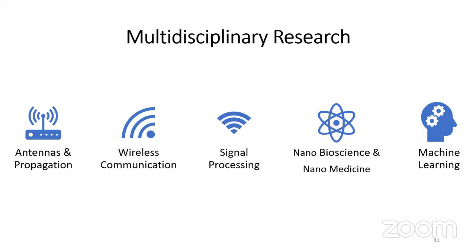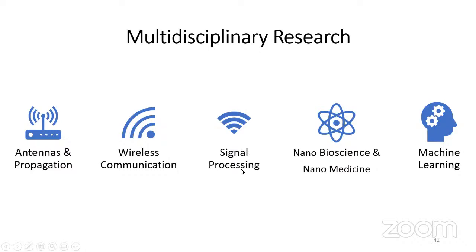So the topic of IoT and machine learning and big data combines different fields together, which is antennas and propagation, because you need to understand how a signal gets detected. Then wireless communication, which is moving the signal from one point to the other.